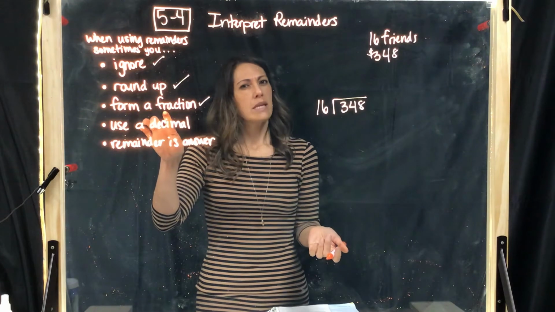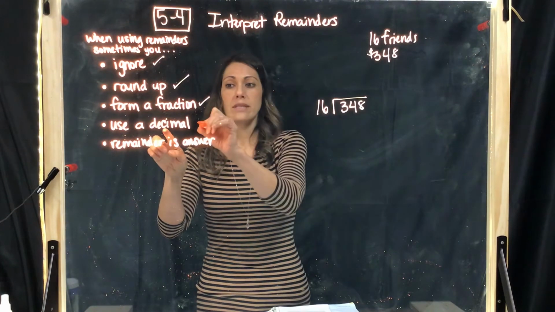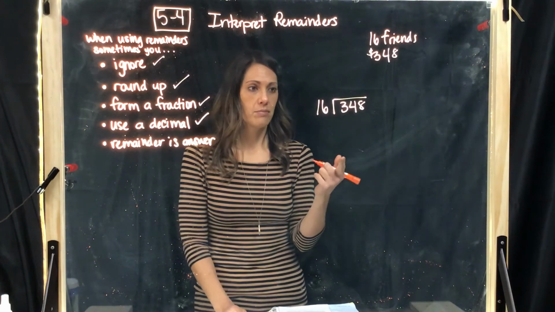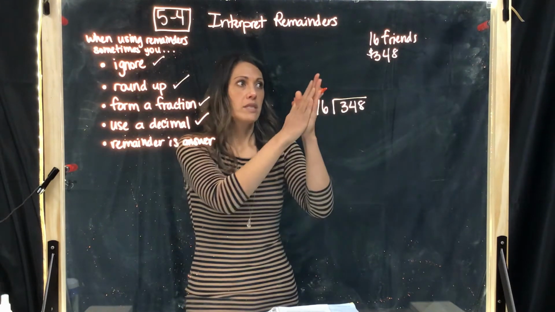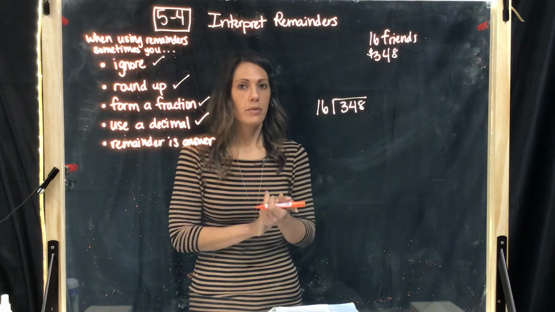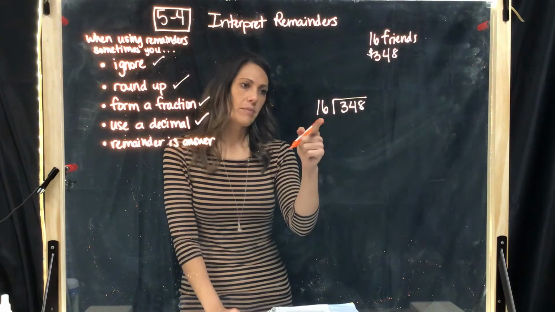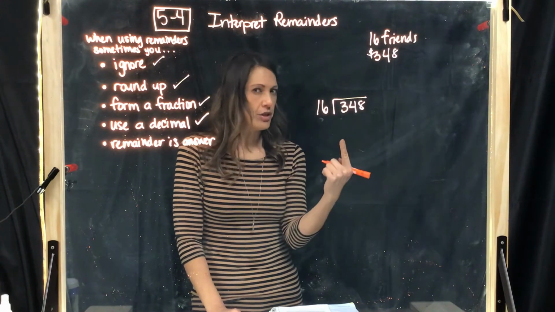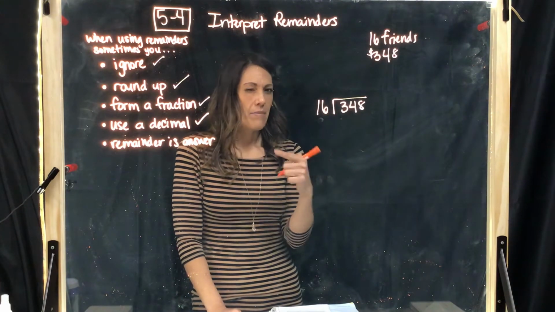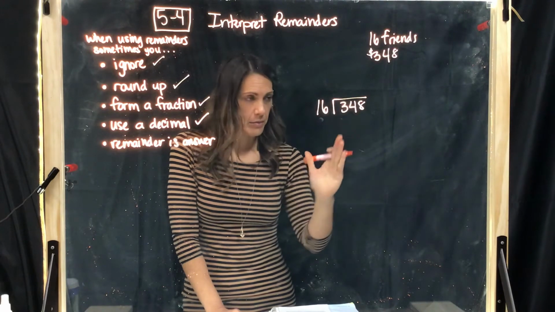And I don't normally see money in a fraction, so I'm going to definitely use a decimal in this problem, because that's how I normally see money, and I would want to divide all the money evenly between the 16 friends. So I'm gonna say 16, try and figure out how many times it goes. I'm gonna do digit by digit for a decimal. It makes it a little bit easier with decimals.